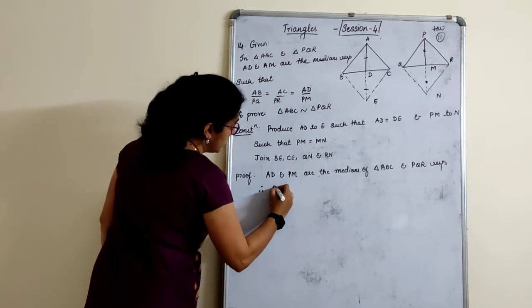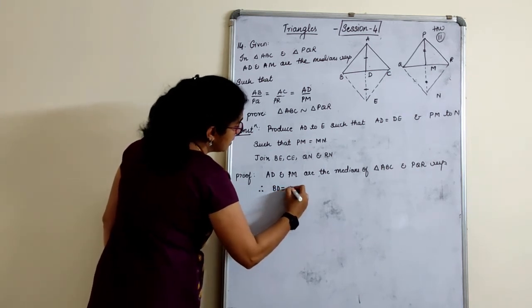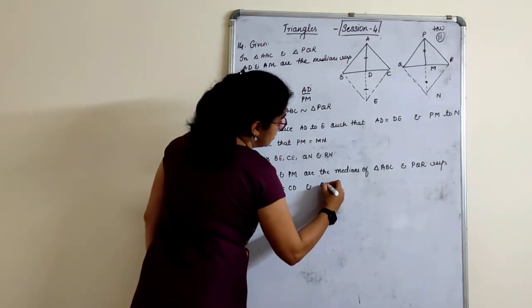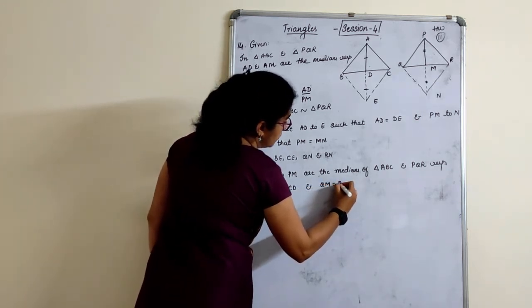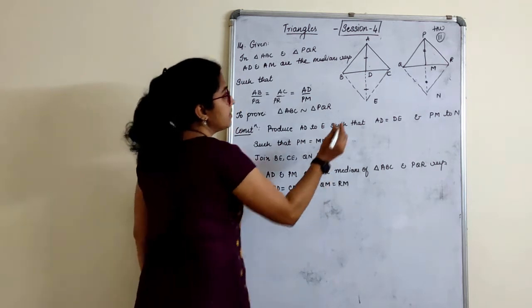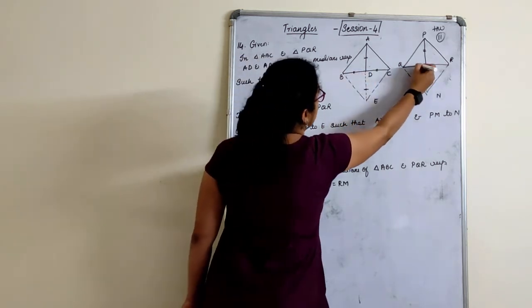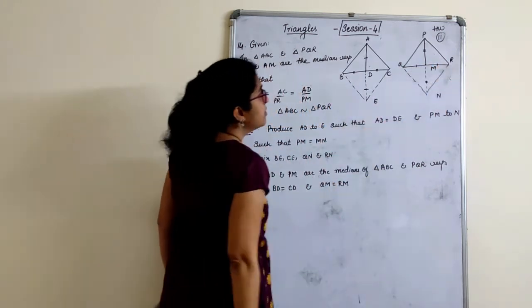Therefore, can I say BD is equal to CD and QM is equal to RM? Correct now? So this is equal to this and this is equal to this.